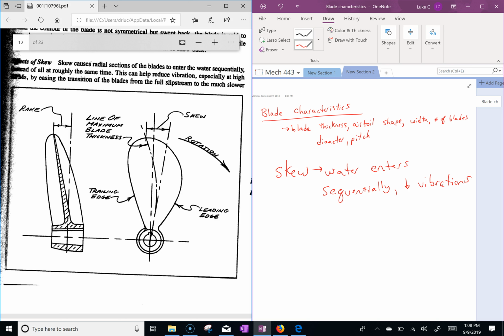So as it's spinning, the water touches the prop up here first, and then it hits that point. It doesn't touch this whole surface all at once. That's definitely what you want. You want it to slice through instead of hitting like a paddle. That's skew.